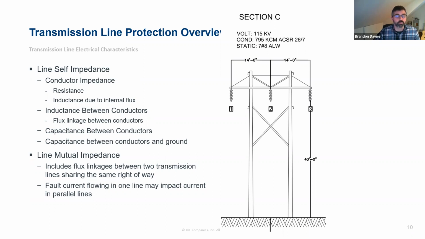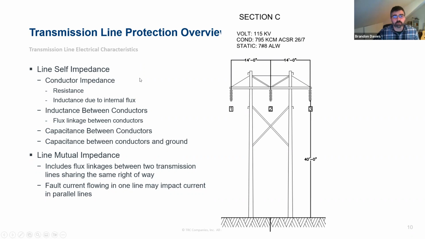It's going to be an input to some of the protection calculations that we'll work through. And so it's important that we get an accurate model of what the electrical characteristics of the line are going to look like.